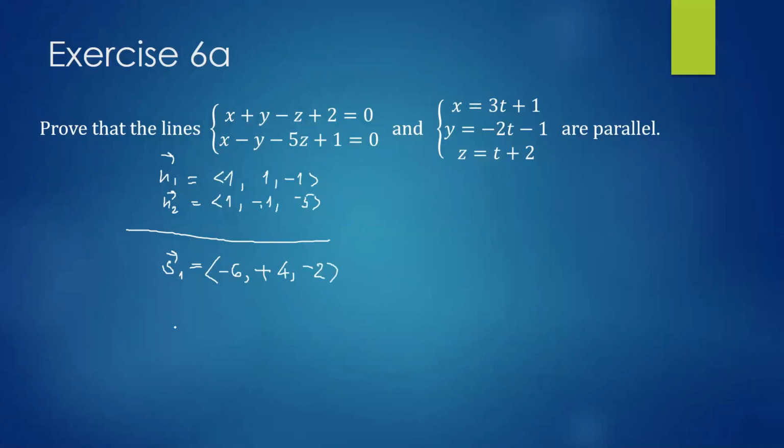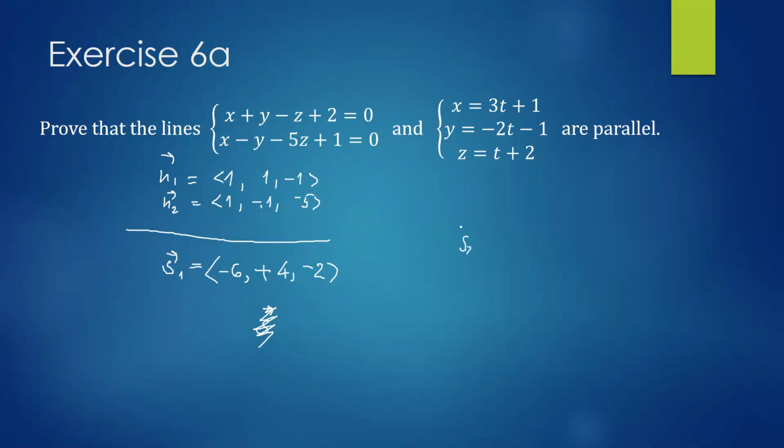In fact, I would prefer to choose nicer numbers, but these are actually okay. You don't have to divide by 2 or minus 2 because we don't need the complete equation. What we need is only the direction vector.